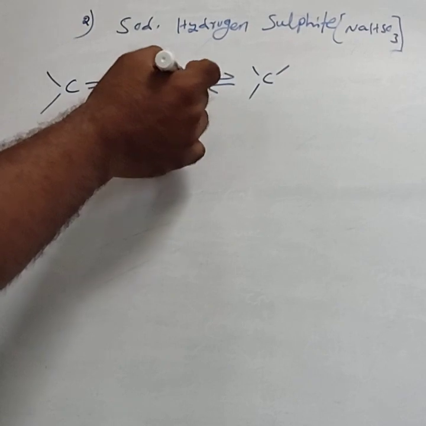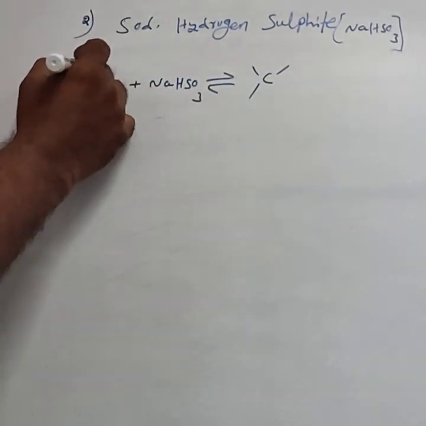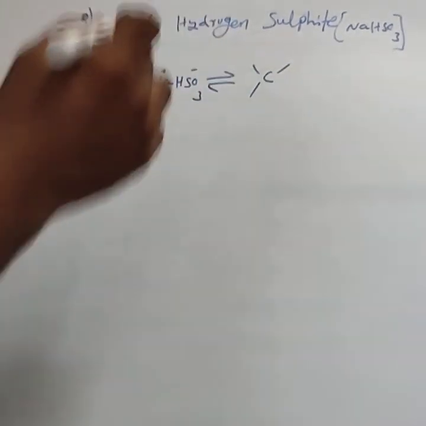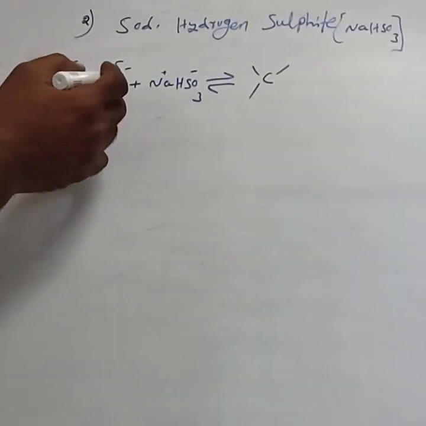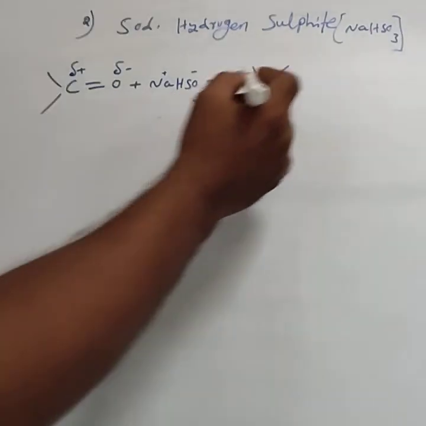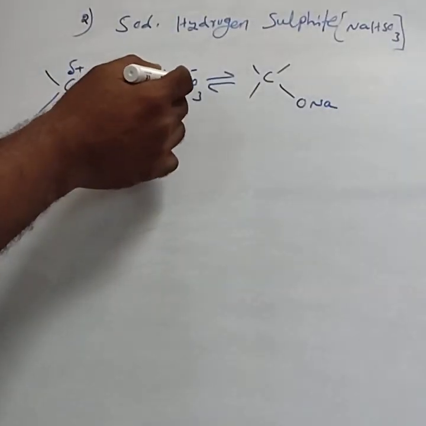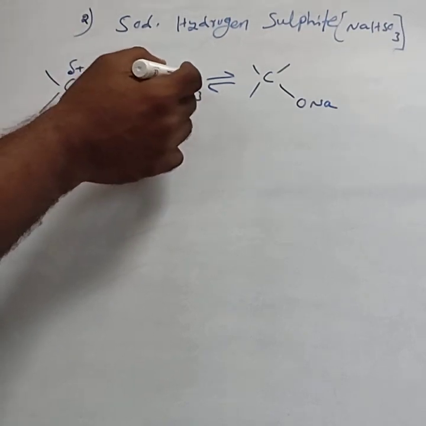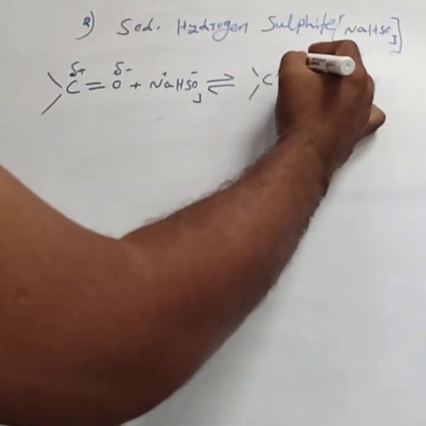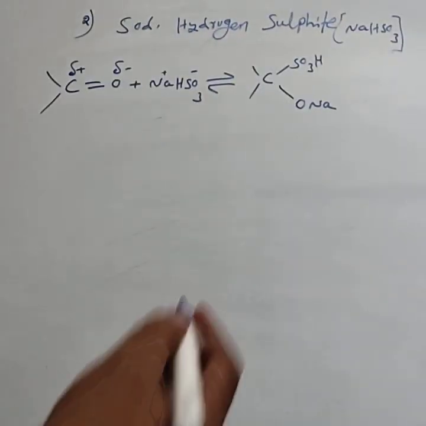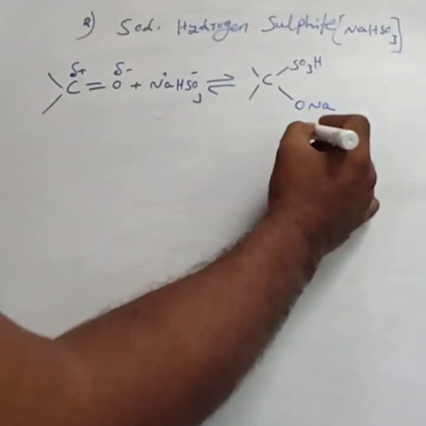Here again there is delta plus and delta minus. This Na plus gets added to the O part, forming ONa. And this SO3 is added to the electrophilic carbon center as SO3H. This is the intermediate. Then again proton transfer takes place.